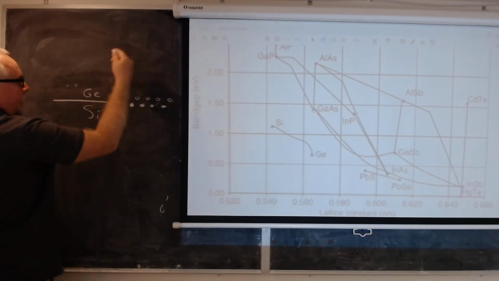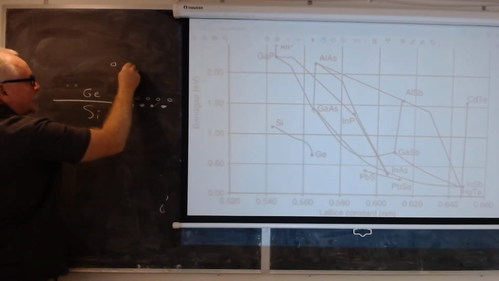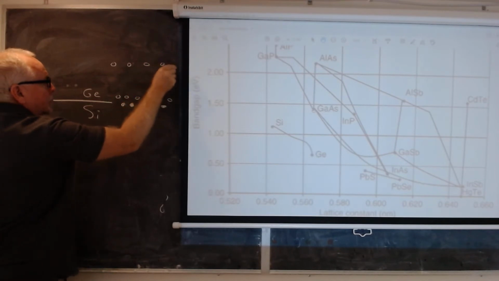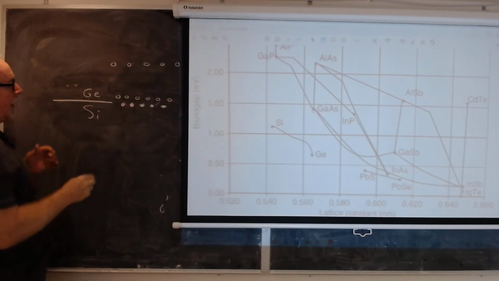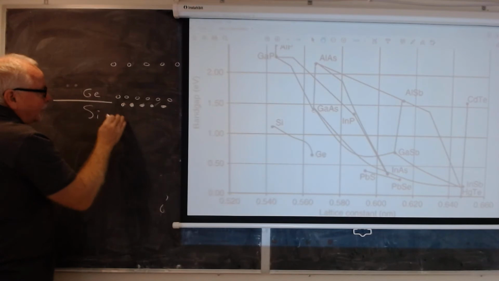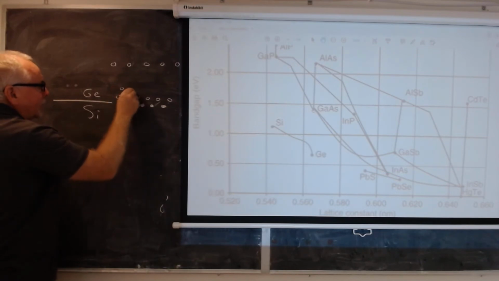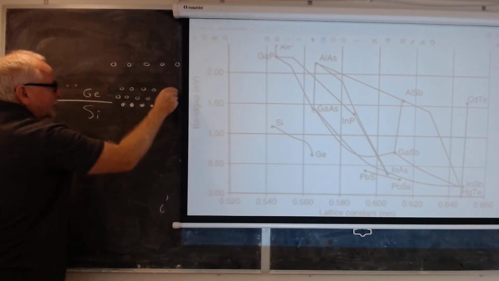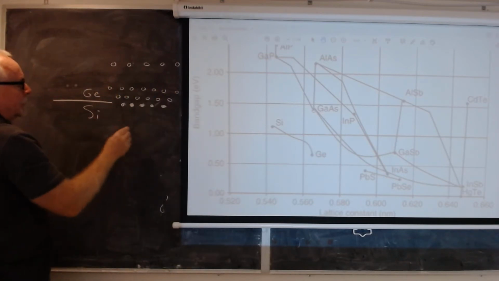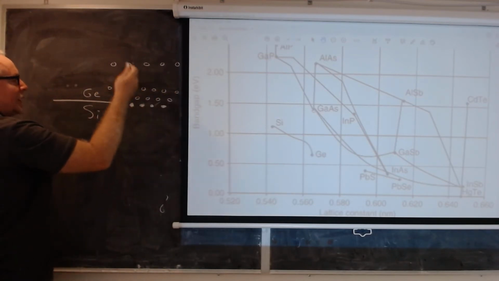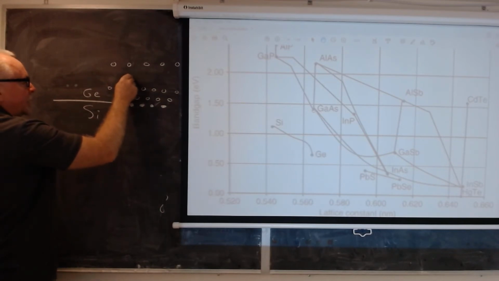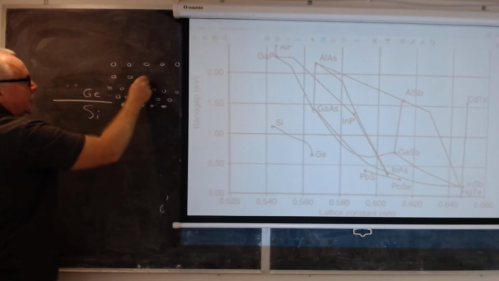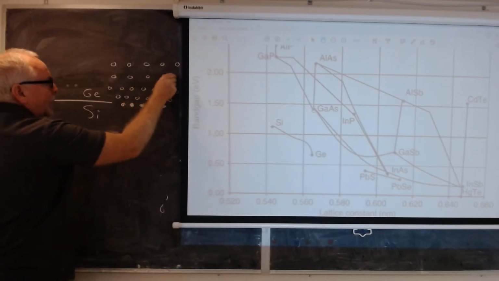It wants to be like this. So for a little while it's like, okay, I'll keep going like this. It's trying, and then after a certain distance, it's like, no, I'm sorry, I'm not doing it anymore. And so it goes to the lattice constant it wants to be at.